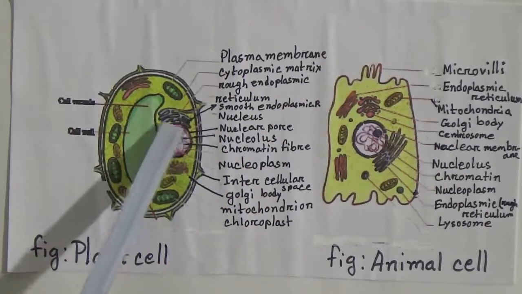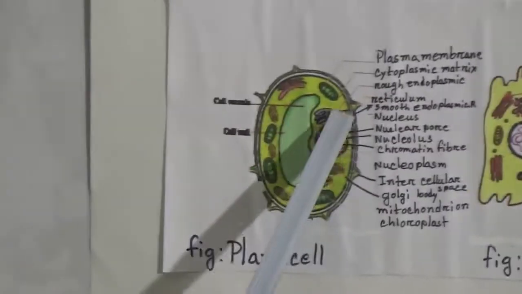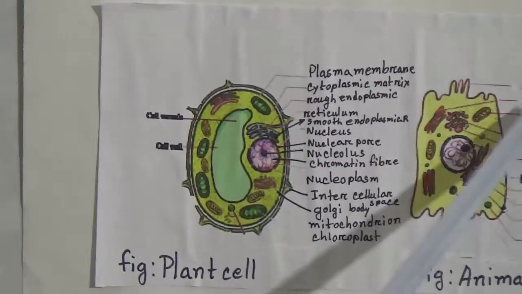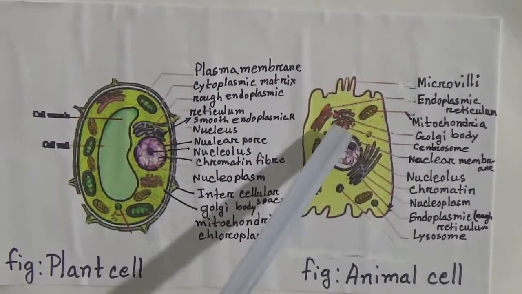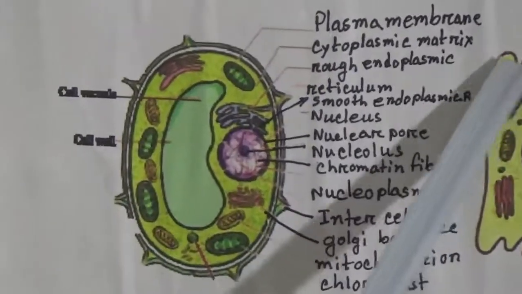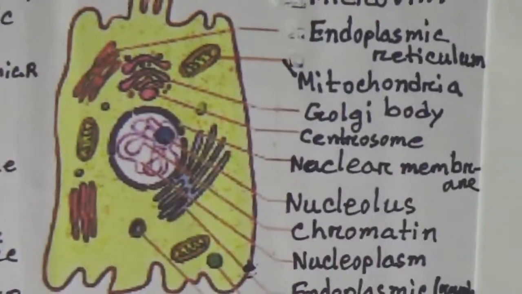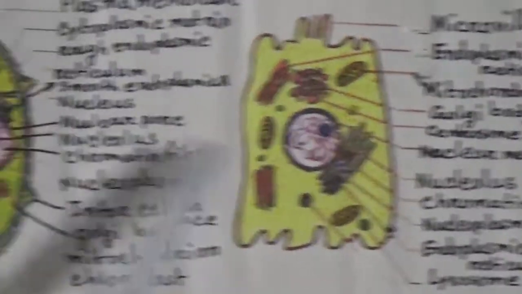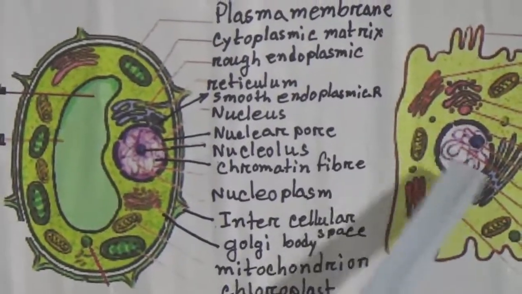This one is nucleus, and here are other parts of this nucleus, and here is a animal cell. You can see here is a cell wall in plant cell, and in animal cell there is no cell wall, and here is a cell vacuole, but in animal cell there is no cell vacuole.